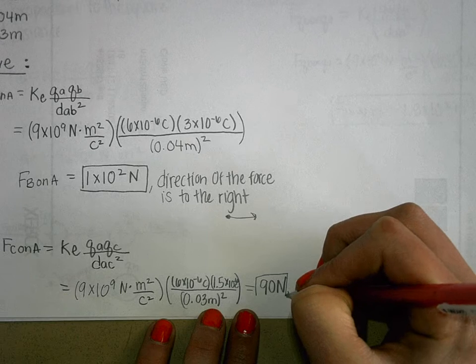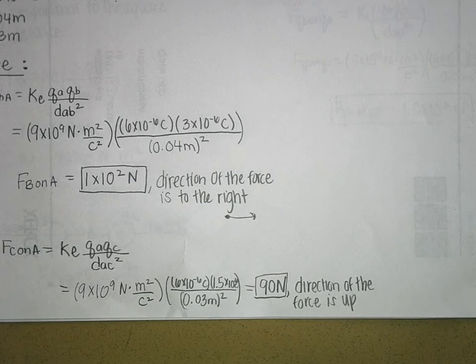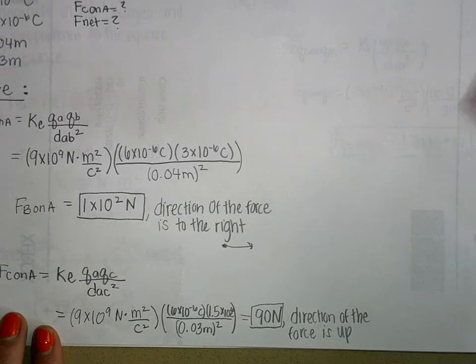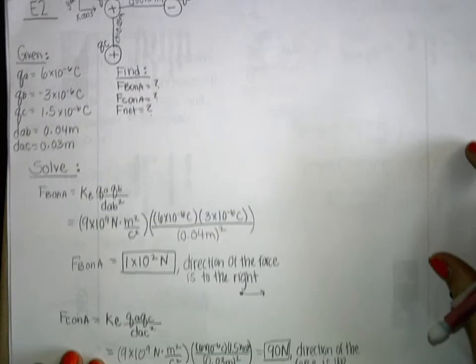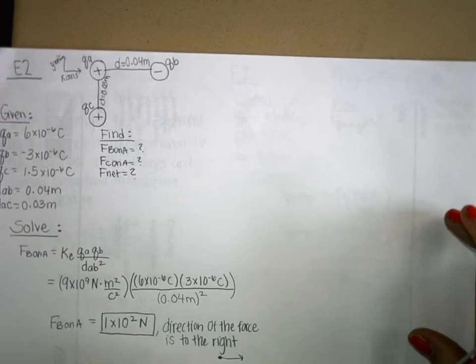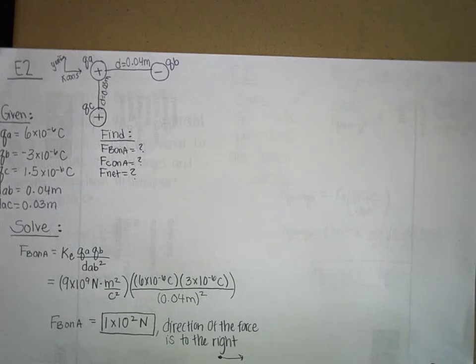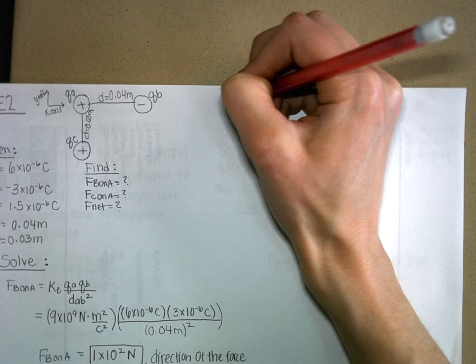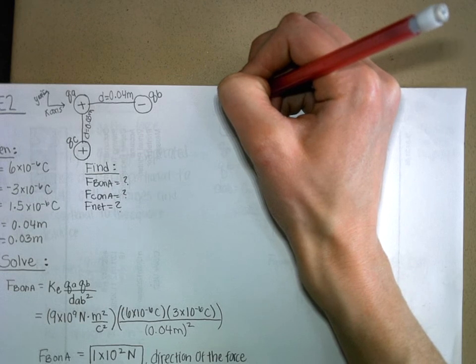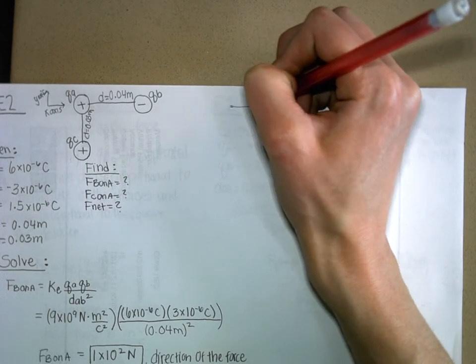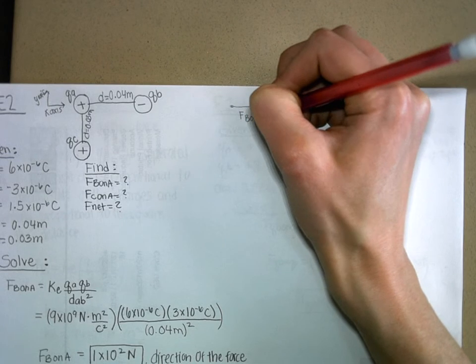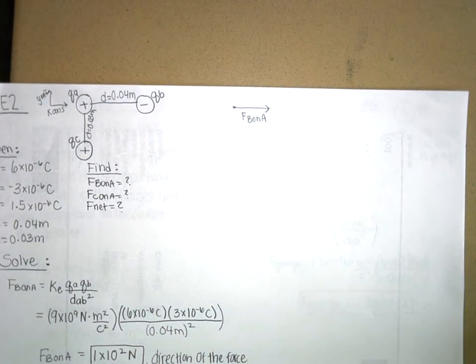Okay, so you're 2/3 of the way done. So we can head back up here and add to our picture. So our force vectors. For charge B on charge A, it's to the right.